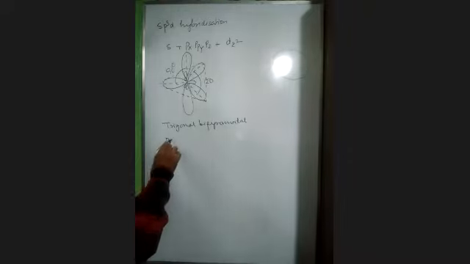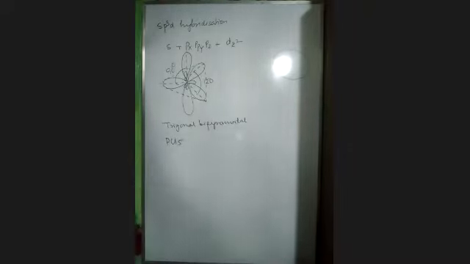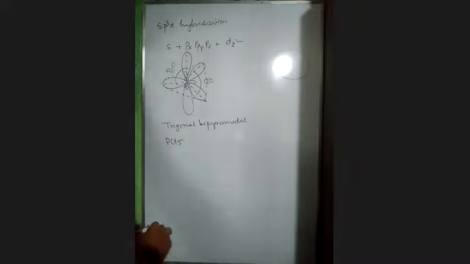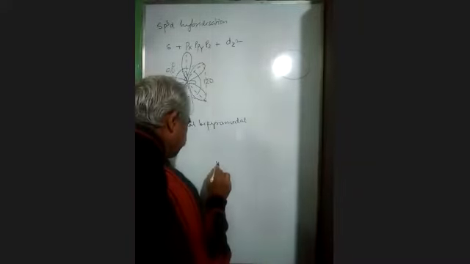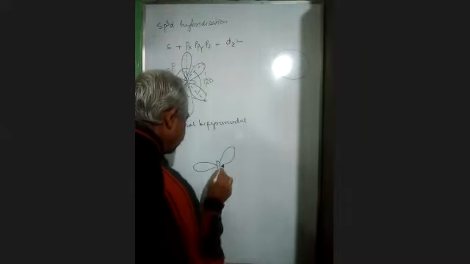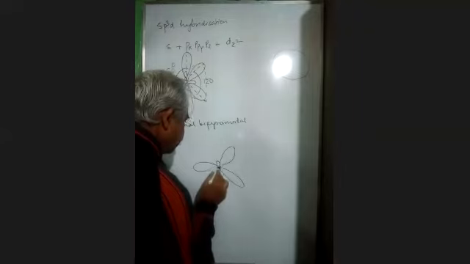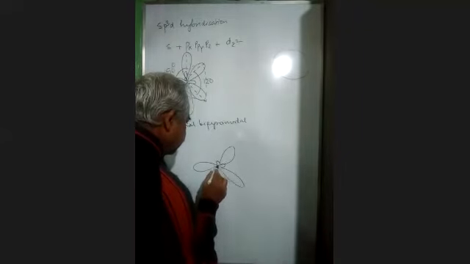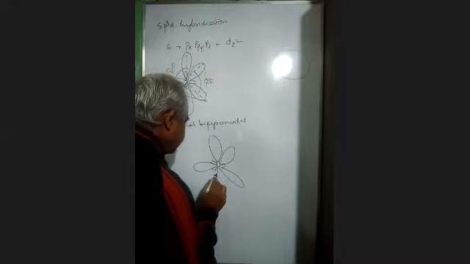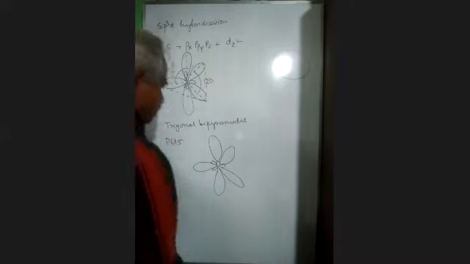Example, PCl5. So here I'm not going to draw all the orbitals, the electrons and all this thing. So it is P, then this, and this.